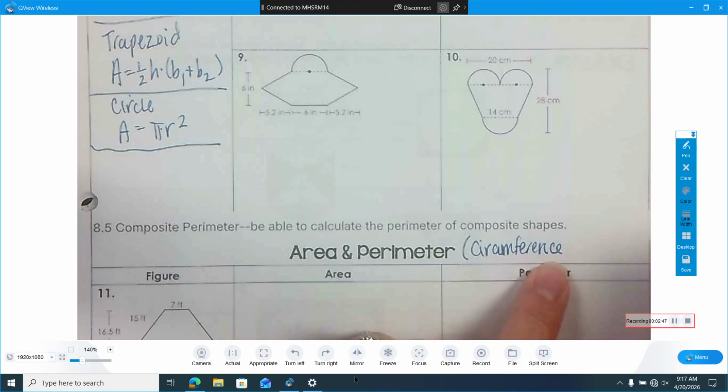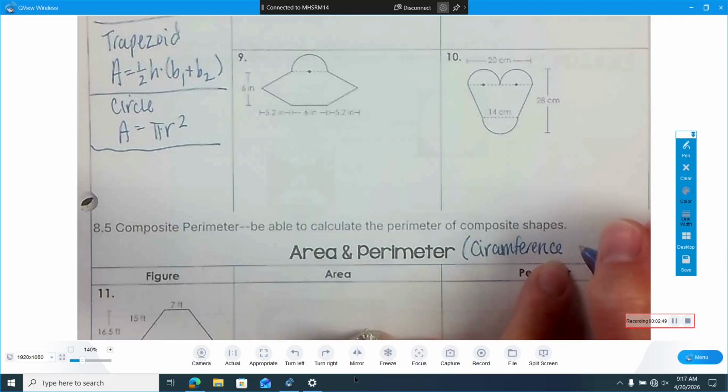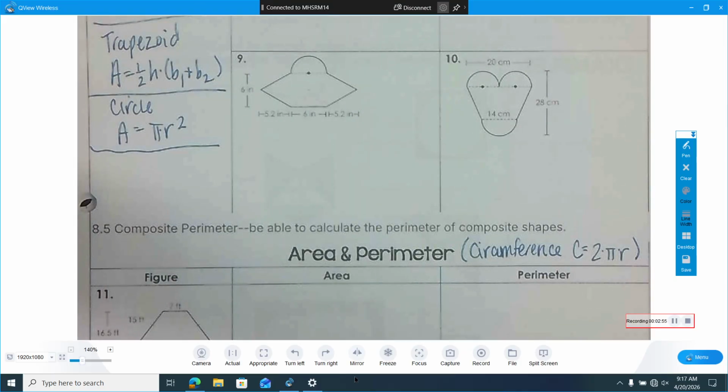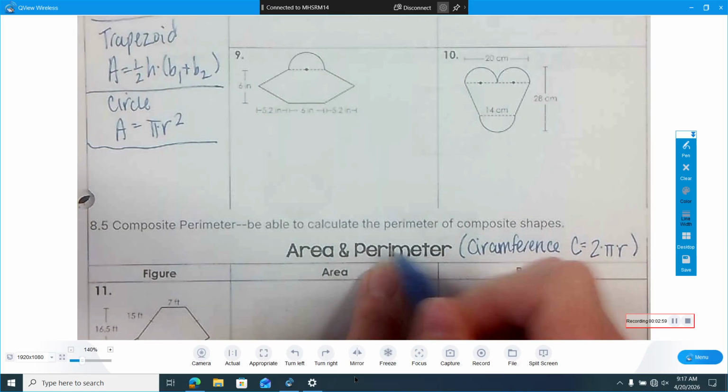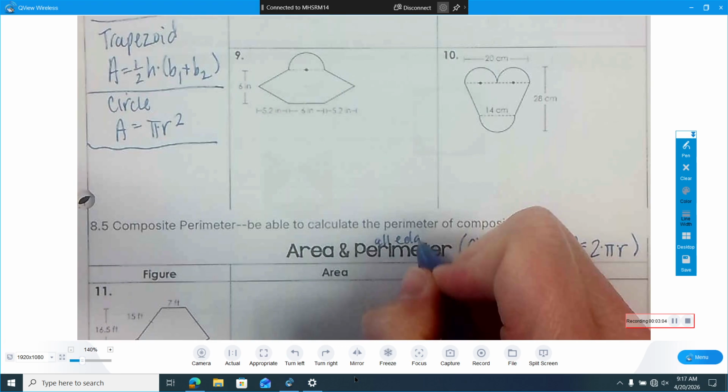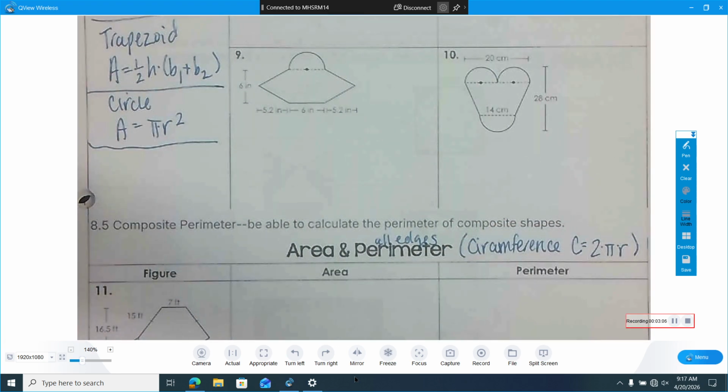Do you remember the formula for circumference of a circle? 2 times pi times r. Very good. 2 times pi times radius. Okay. And perimeter is just all the edges added up. All the edges. So today we're going to do some composite areas and some composite perimeters.